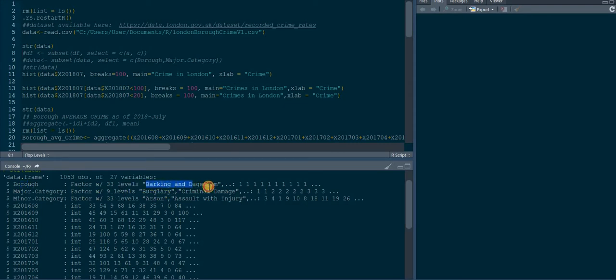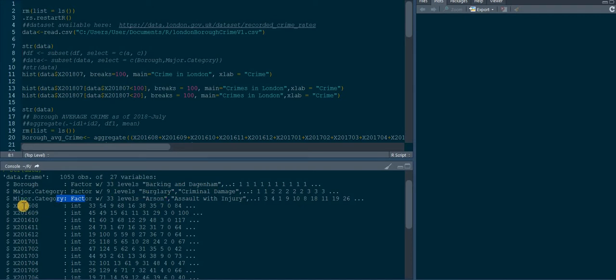By the way, Barking and Dagenham is my borough. There's the major category, so what kind of major crimes are committed, like burglary, criminal damage, and so on. And also the minor category, which is assault, injury, and so on.